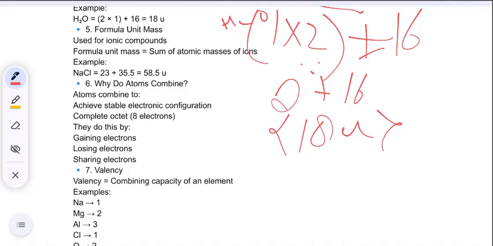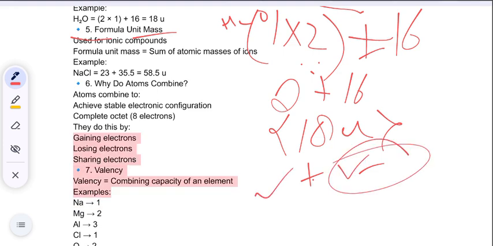Now formula unit mass. It is generally used for ionic compounds. Ionic compounds means compounds which contain signs like plus sign, minus sign. Because I have explained ions in my previous video, I want to ask: if a substance has gained electrons, will it be positive or negative?